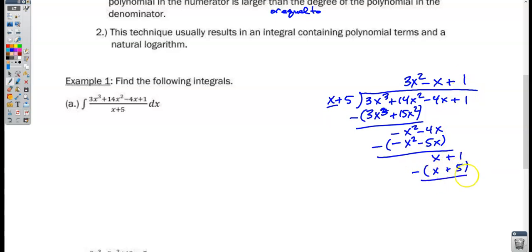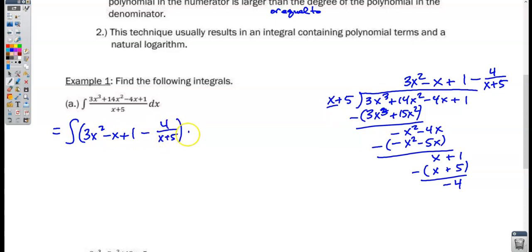And then I subtract, and I have a remainder of negative 4, so this is going to be minus 4 over our divisor. And so my original integrand here can be rewritten as the integral of 3x squared minus x plus 1 minus 4 over the quantity x plus 5.